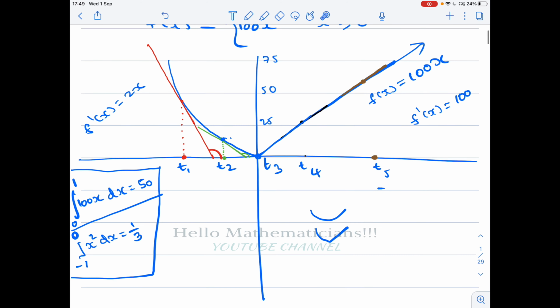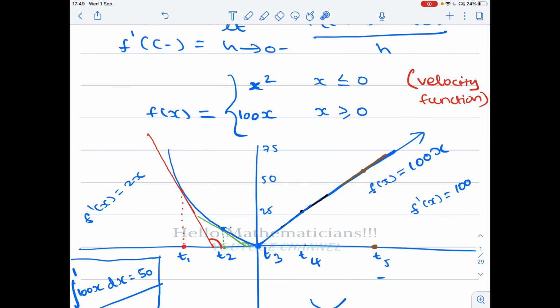At any point other than 0, for negative numbers it is x square, so it is differentiable. For positive numbers it is 100x, again a polynomial, so differentiable, no problem. Only at the point 0 is it different: to the left it is x square, to the right it is 100x. So maybe there is a chance that this function is not differentiable at 0 because we are splitting the function at 0.